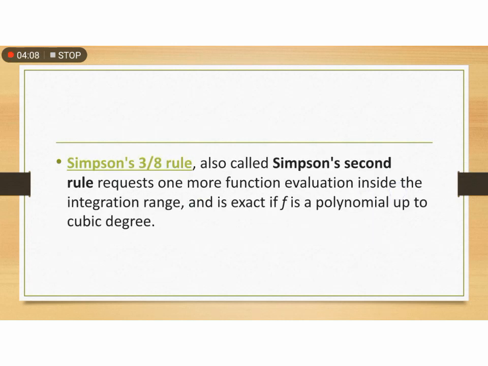Simpson's 3/8 rule, also called Simpson's second rule, requires one more function evaluation inside the integration range, and is exact if f is a polynomial up to cubic degree.